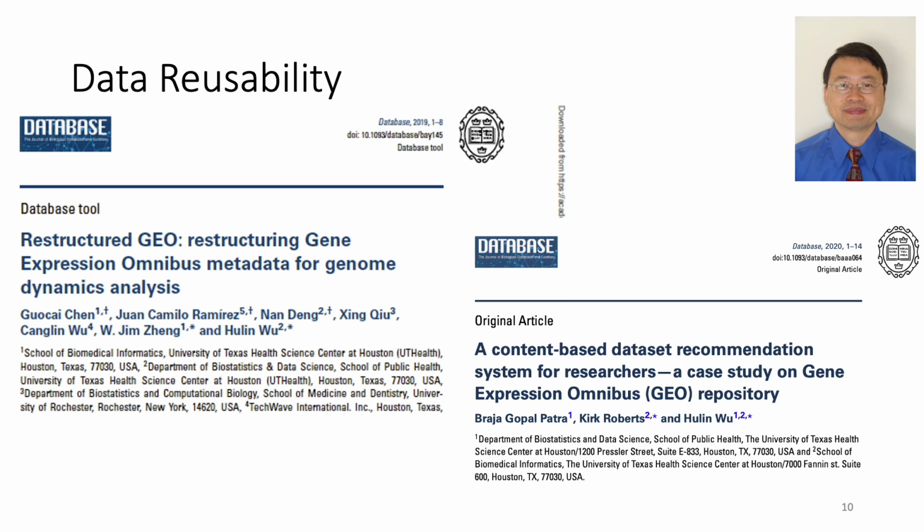Then we created what's called a restructured GEO by reorganizing the data based on characteristics in the metadata. We also helped to discover, for example, time series data, like microarray data with more than 8 time points, which is not available in the current GEO database. These can greatly help people who want to study the dynamics of gene expression.